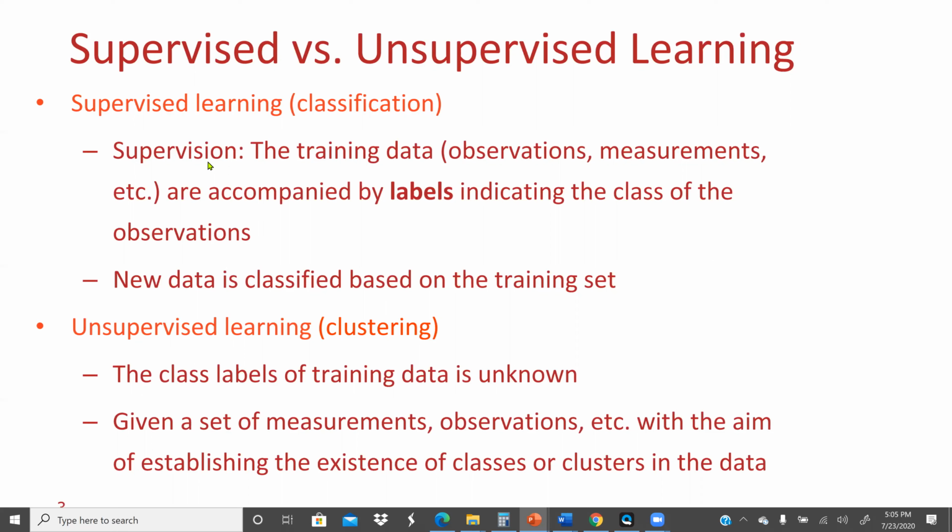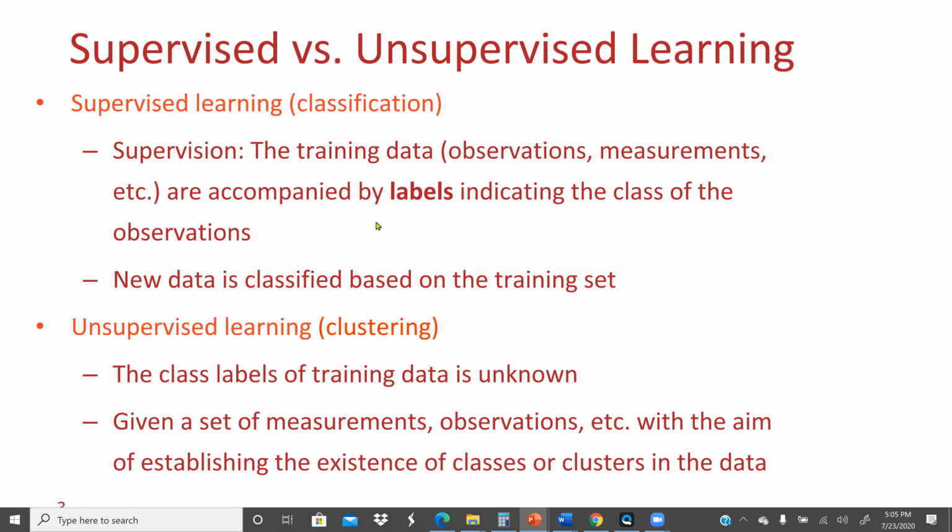So we start with, again, supervised learning, which is the same as classification. Supervision means we have training data, and this training data can be observations or measurements, and they are accompanied by labels. The labels will be the outcome, the dependent variable, indicating the class of the observation.